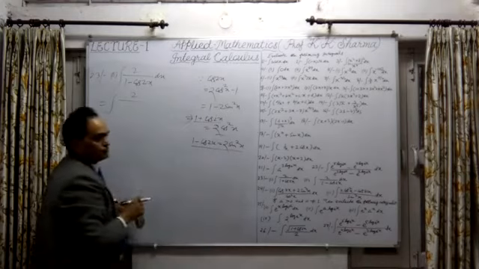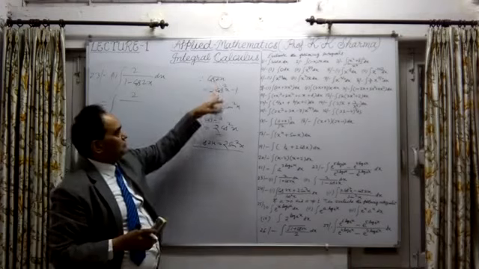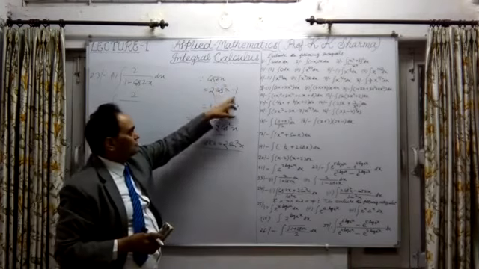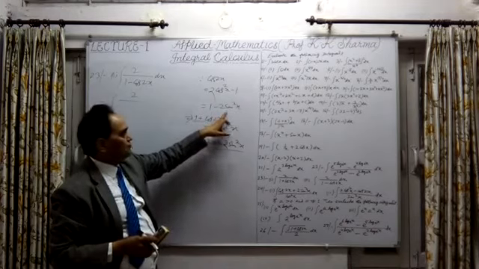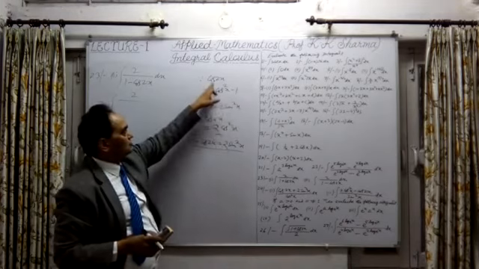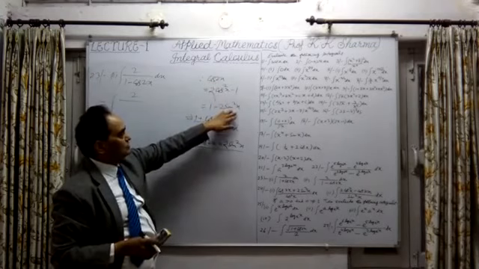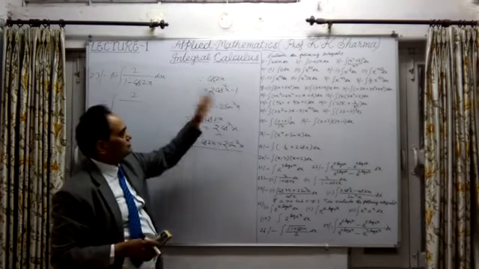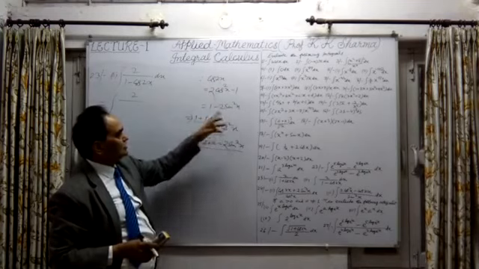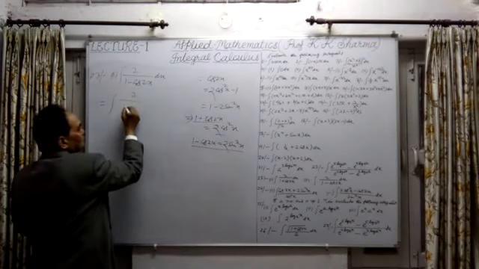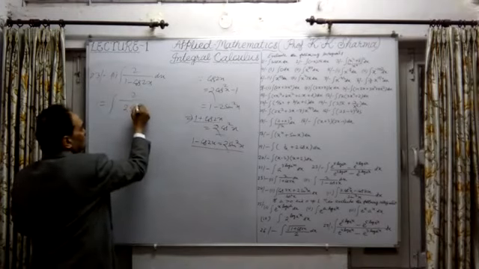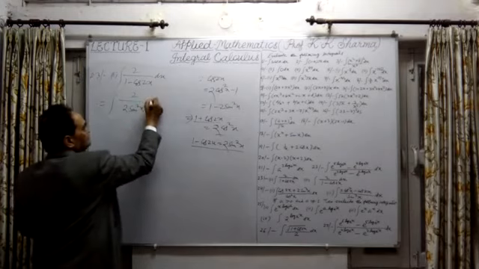From the cos 2x formula, where cos 2x is equal to 2 cos square x minus 1 or equal to 1 minus 2 sin square x also. From this, 1 minus 2 sin square x and cos 2x, we can take the 2 sin square x to this side and cos 2x to this side, so 1 minus cos 2x equals 2 sin square x. So in place of this, in the denominator we can write 2 sin square x into dx.